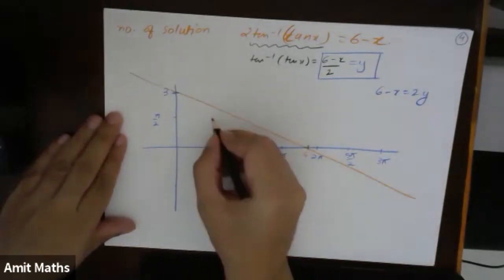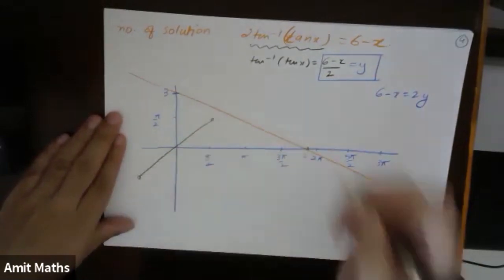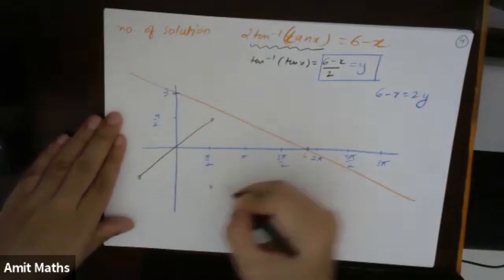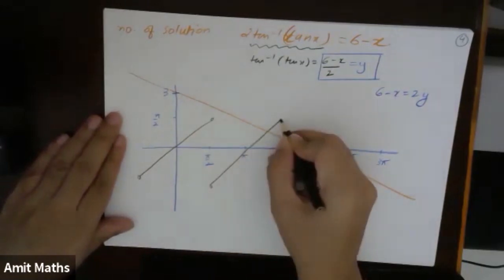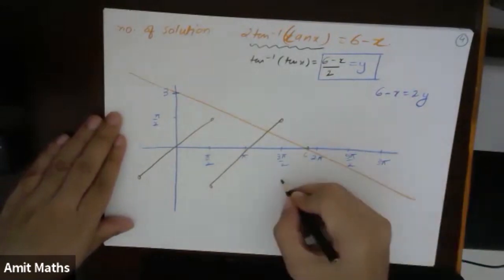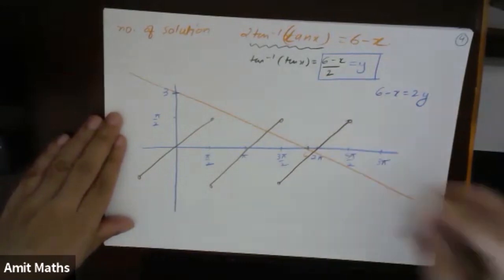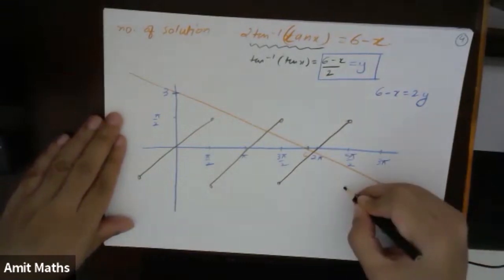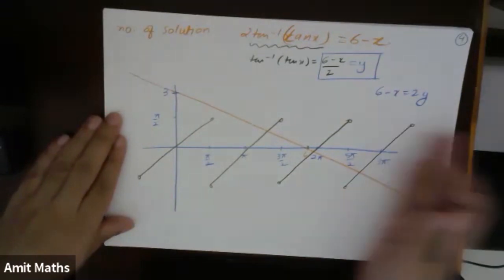So I will simply draw the tan inverse of tan x, then from here again tan inverse of tan x, then again one more on the right side.